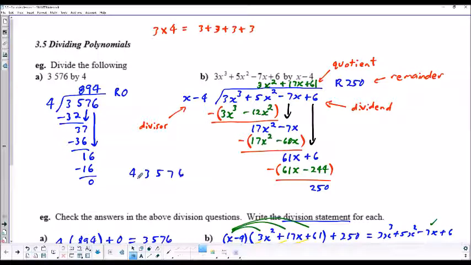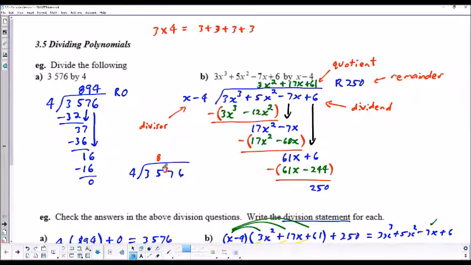So I'm going to say, okay, how many times does 4 go into 3? It can't. 4 goes into 35 8 times. 8 times 4 is 32. 35 minus 32 is 3. So I write the 3 here.